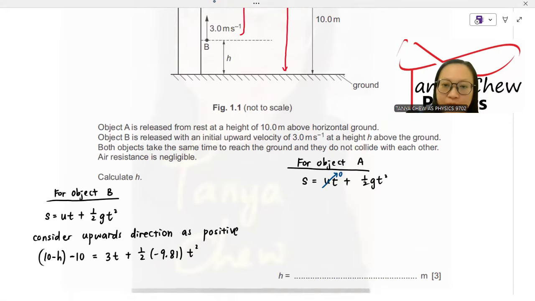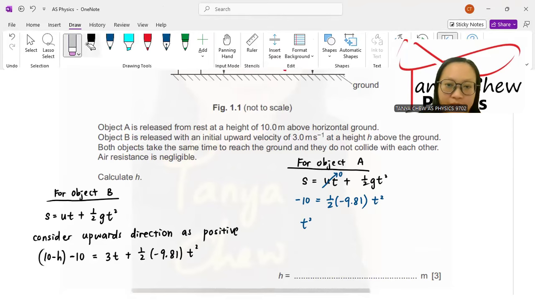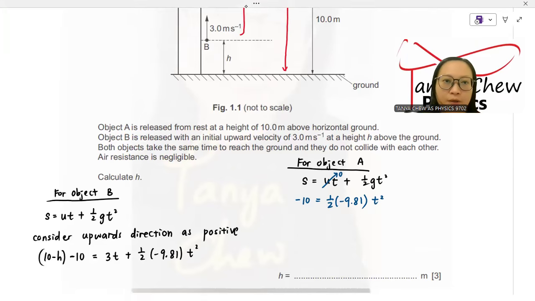So the displacement of A is negative 10 because A is going downwards, equal to half times negative 9.81, because g is always acting downwards, t squared. Negative and negative you can cancel.